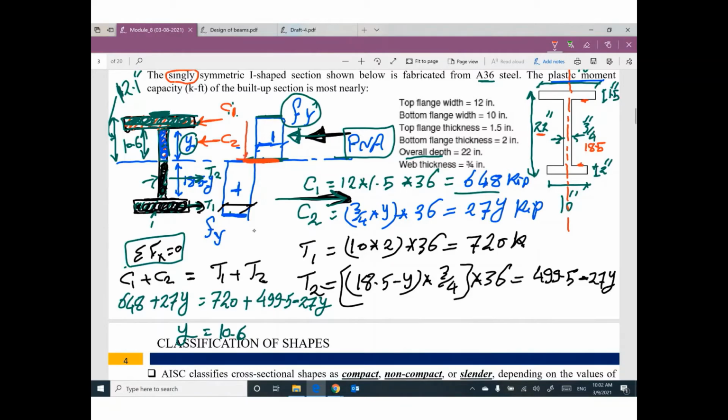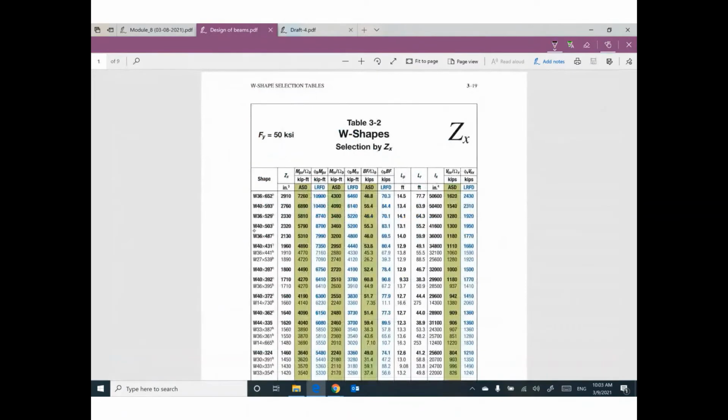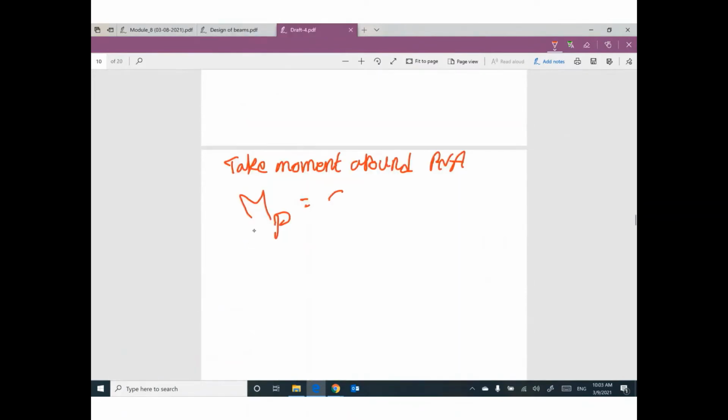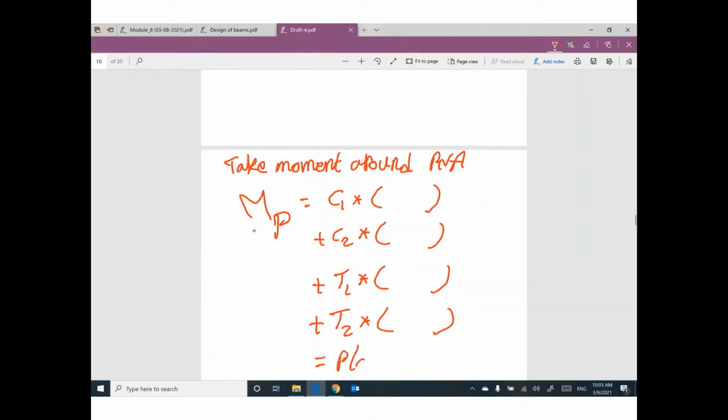C1 times distance plus C2 times distance plus T1 times distance plus T2 times distance. Let's do it. The final answer will be the plastic moment.